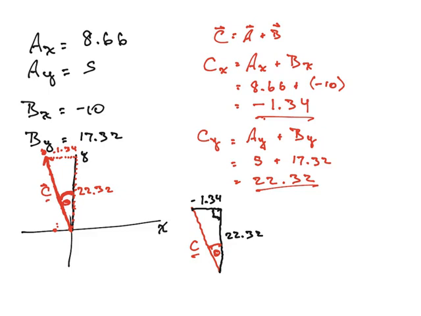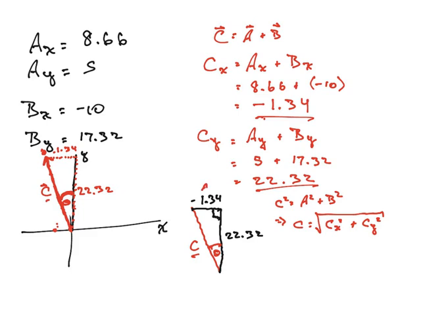Well, the hypotenuse we know how to do. If I want the hypotenuse, but I know the length of the other two sides, I use the Pythagorean Theorem. The Pythagorean Theorem says c squared is a squared plus b squared, right? So that means c, the hypotenuse, is the square root of the x component of c squared plus the y component of c squared.